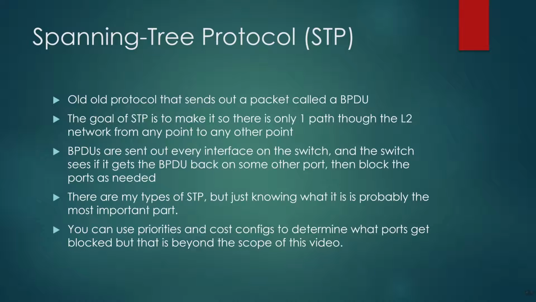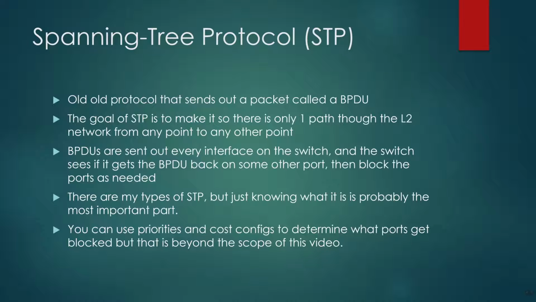So the goal of spanning tree is to make it so there's only one path through the network from one point to any other point. And it does that by basically blocking all traffic on particular ports, just to set it up so there's only one path.